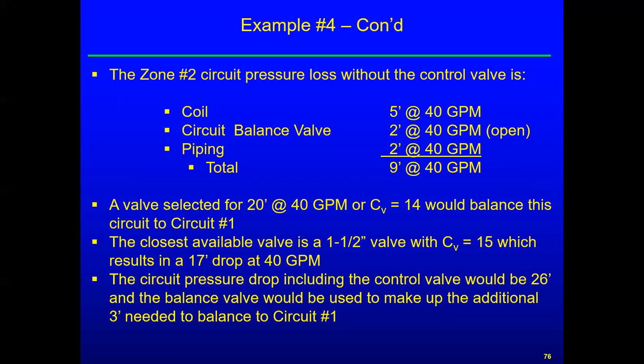So he's shooting for about a 14. He's going to put a 15 in there, which is going to give me a 17. It's a little bit larger. So instead of the 20, I get a 17-foot drop with a CV of 15 at the 40 GPM.